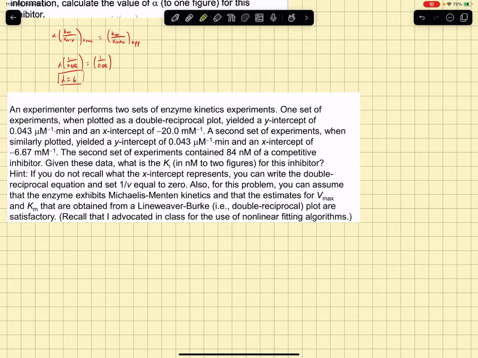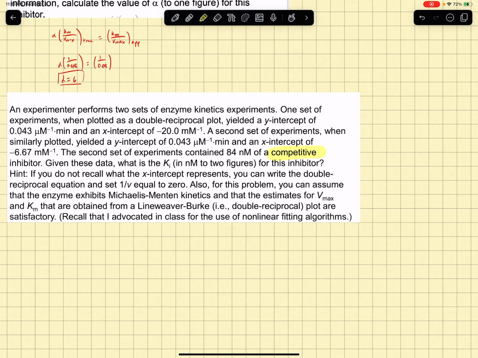When I go through these, I'm thinking, okay, he's given us a y-intercept value and an x-intercept value. The one that I care about is the x-intercept value, because I know that I can express my x-intercept in terms of Km, and he's told me that this inhibition is competitive. Competitive inhibitors are always going to affect Km.